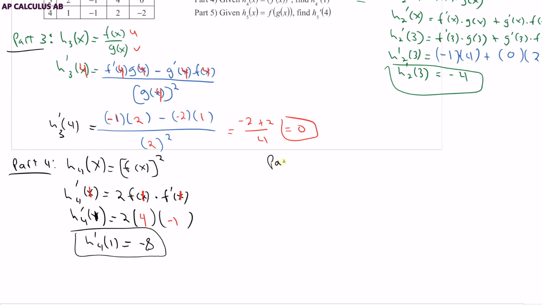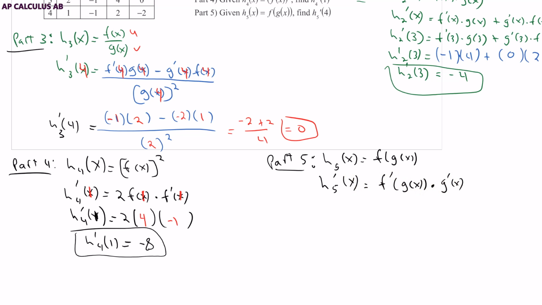And lastly, part 5. Our function in this case is f of g of x. And we're asked to find the derivative. This again is chain rule. We take the derivative of the outside. The inside stays the same. And then you multiply it by the derivative of the inside, right?